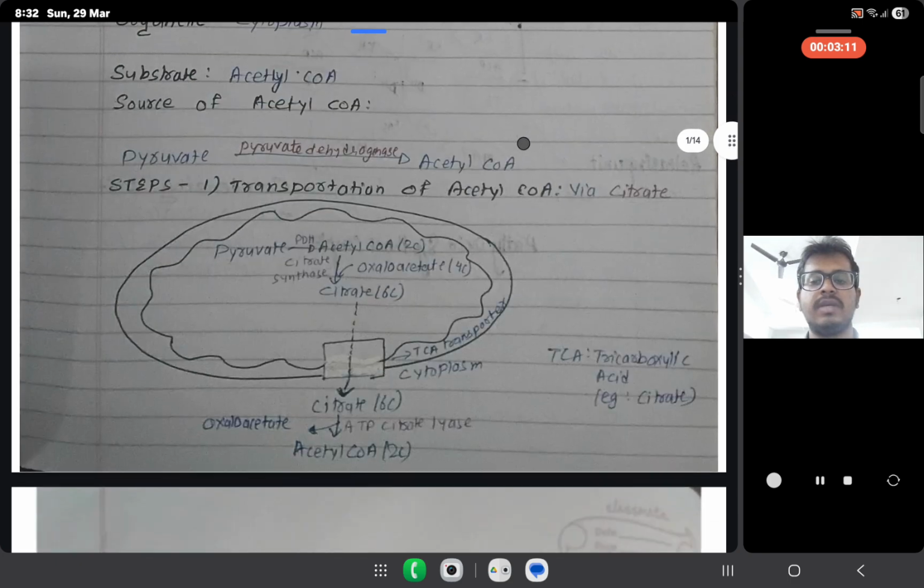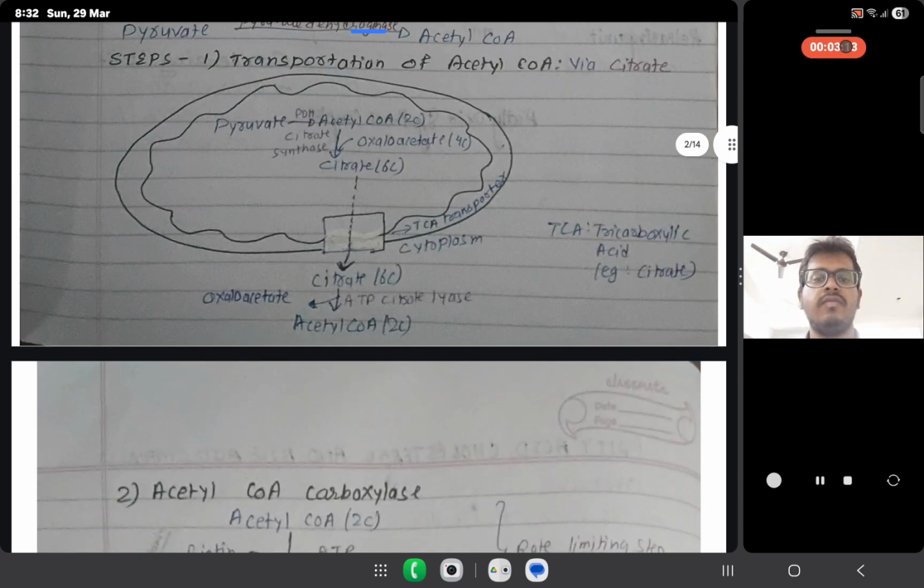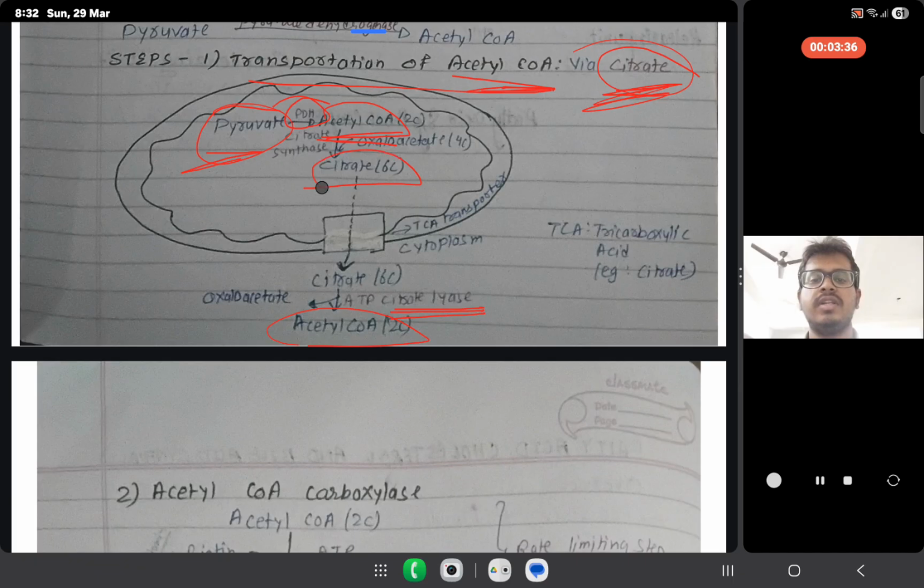Now we'll talk about the steps. First of all, transportation of acetyl coenzyme A via citrate. Actually, in mitochondria, pyruvate is converted to acetyl coenzyme A in presence of pyruvate dehydrogenase, and acetyl coenzyme A is converted to citrate in presence of citrate synthase and oxaloacetate.